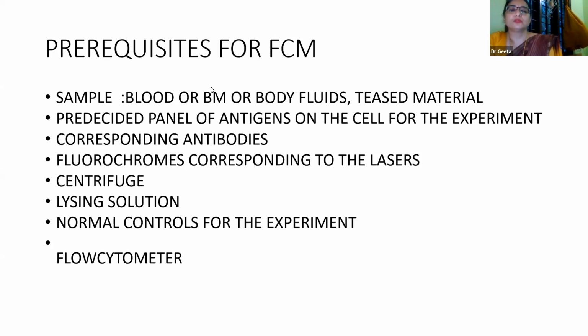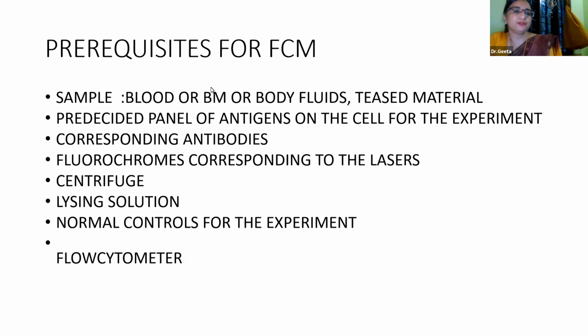Now the fluorochromes also should be matched to the laser, so you should know which laser we have and which fluorochromes would match these lasers. As in, whether our lasers are able to excite the fluorochrome I'm buying to bind with my antibody.